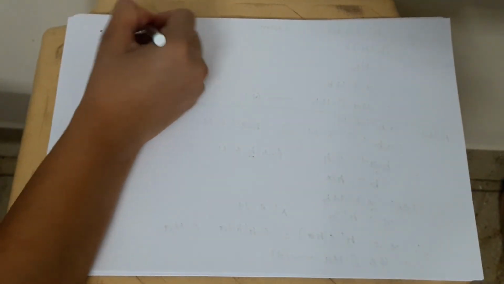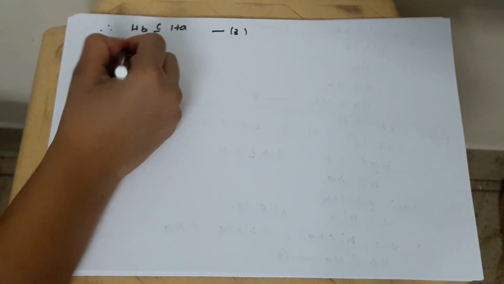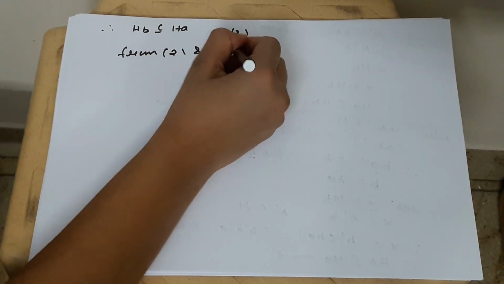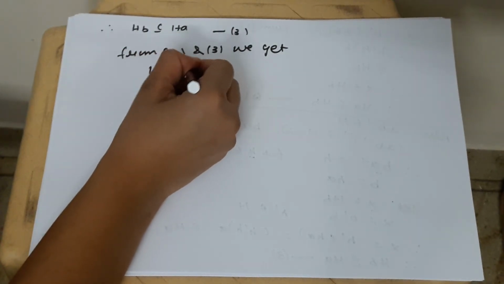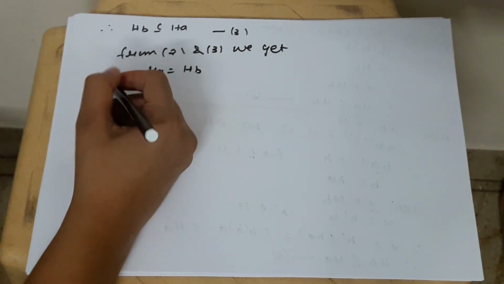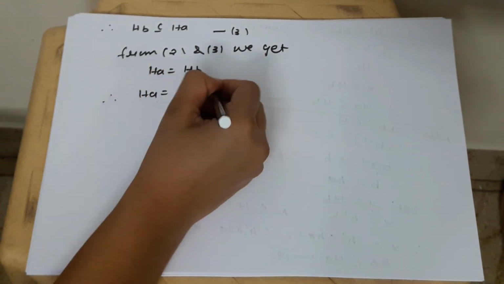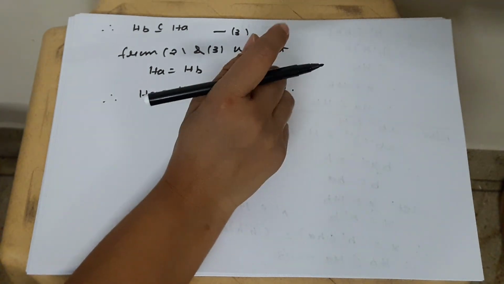Therefore, Hb is contained in or equal to Ha. This is our equation number 3. From 2 and 3, we get Ha is equal to Hb. Therefore, Ha is equal to Hb if and only if ab inverse belongs to H.